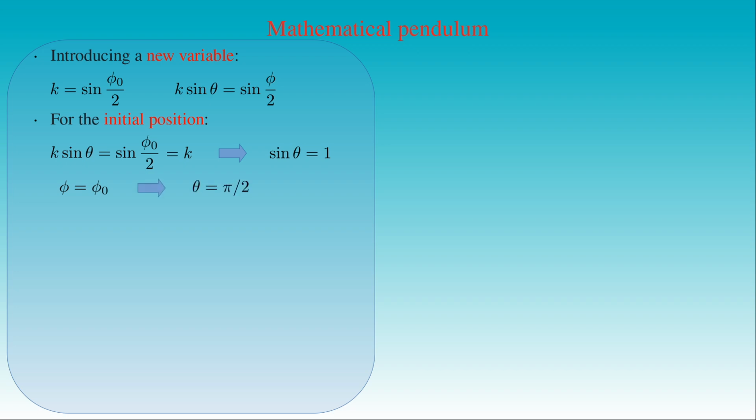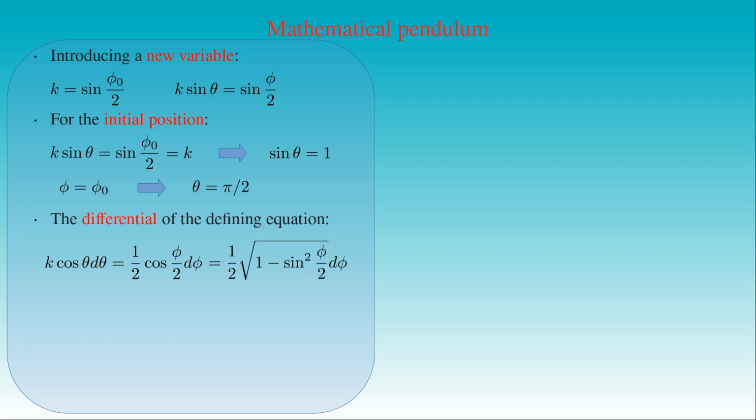If we compute the differential of the equation used in the definition of theta, then we can state that k times cosine theta, times the differential of theta is equal to 1 over 2 times the cosine of phi over 2, times the differential of phi. Here we can write the cosine of phi over 2 as the square root of 1 minus the square of the sine of phi over 2.